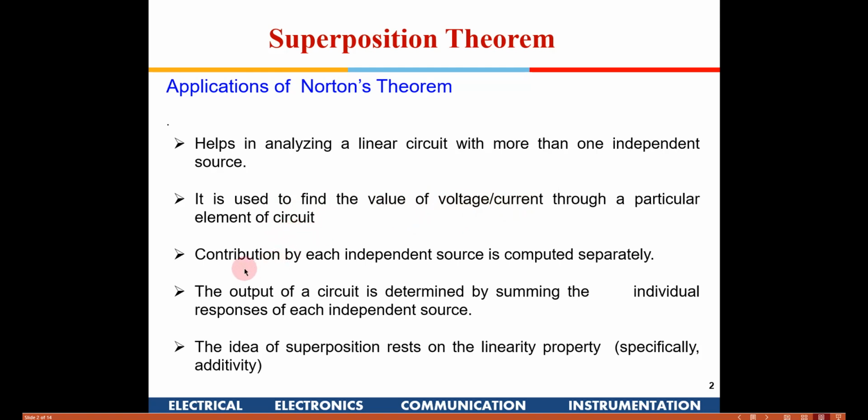How we do that is we find the contribution of each of the independent sources separately, and then we do an algebraic sum of the currents or voltages. So the output is determined by summing the individual responses of each of the independent sources.